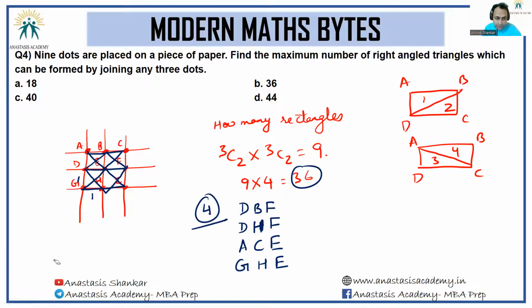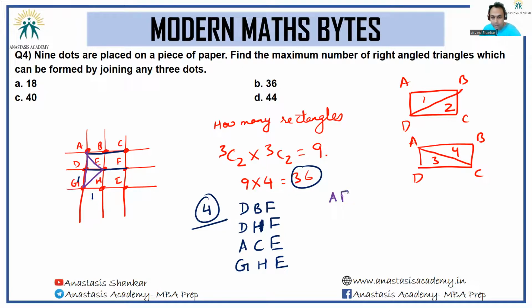First, let me erase these triangles. Okay. The other 4 triangles that can get created, what color do I use? Red I've used, blue I've used. So let me use purple. Look at these triangles now. These would also be triangles that are useful.